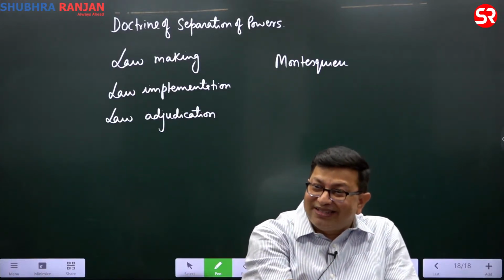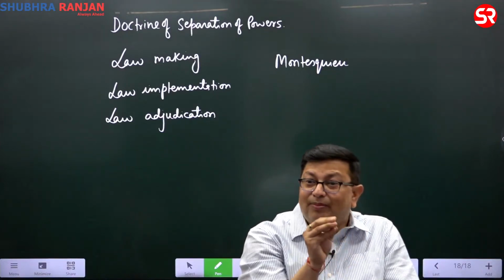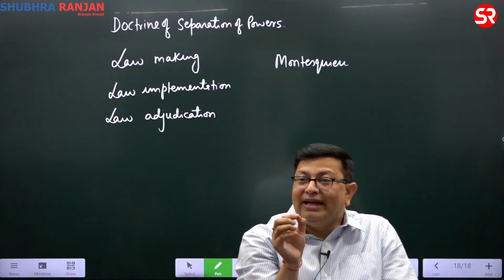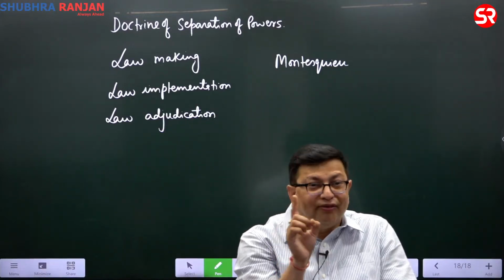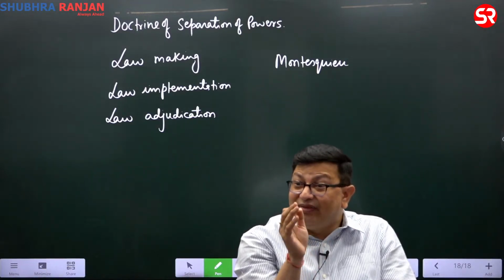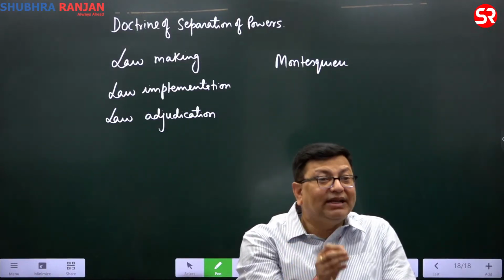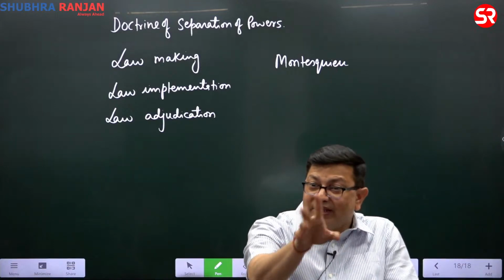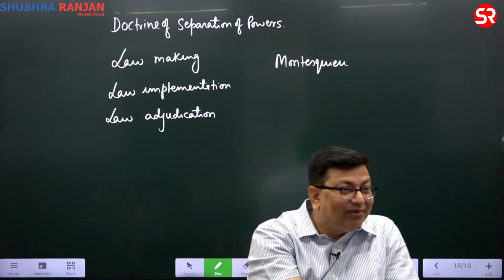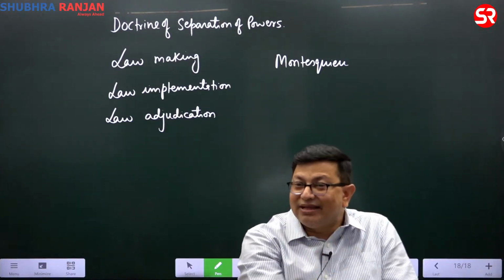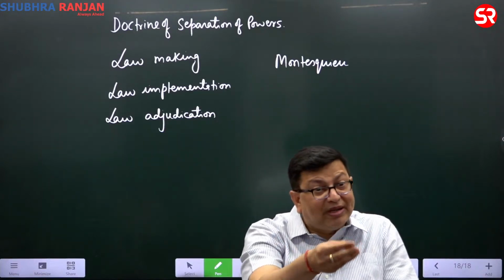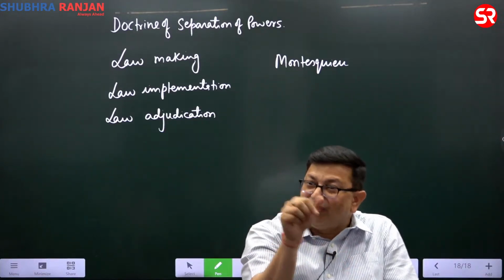And not only this, a member of the parliament or of a state legislature is immune from any action in a court of law for whatever he has said or revealed or for whatever vote he has cast inside the houses of the legislature. The judiciary is not going to ask him, hey, why have you spoken like this. He can be punished in accordance with the rules and procedures of the house by the presiding officer, but not by the judiciary.